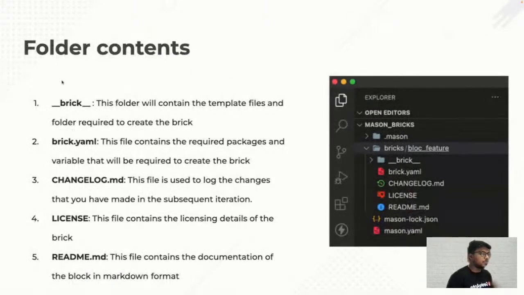Okay. So inside this folder, you will see that we have a __brick__ folder. This folder will contain the template and folders required to create a brick or a template. The brick.yaml file contains the required packages and variables that will be required to create the brick.